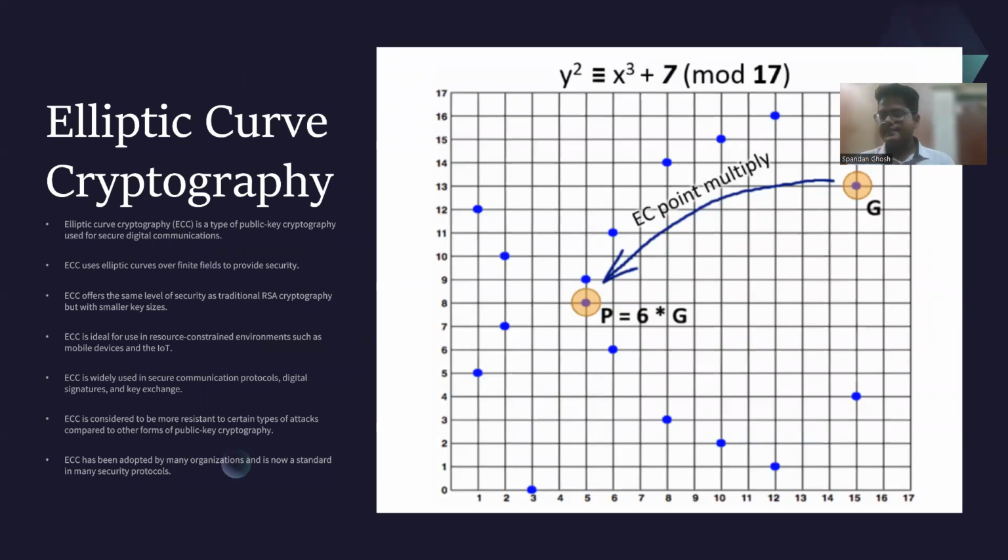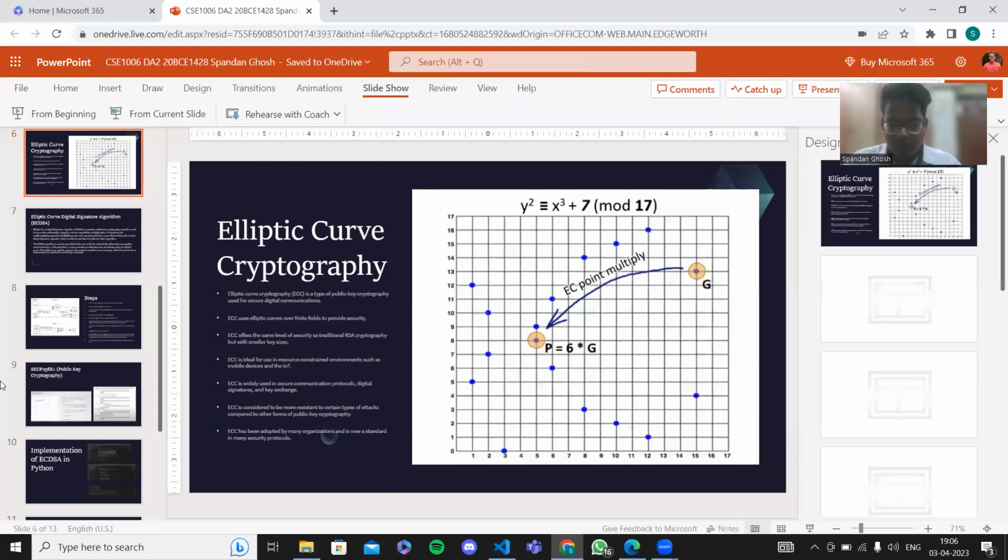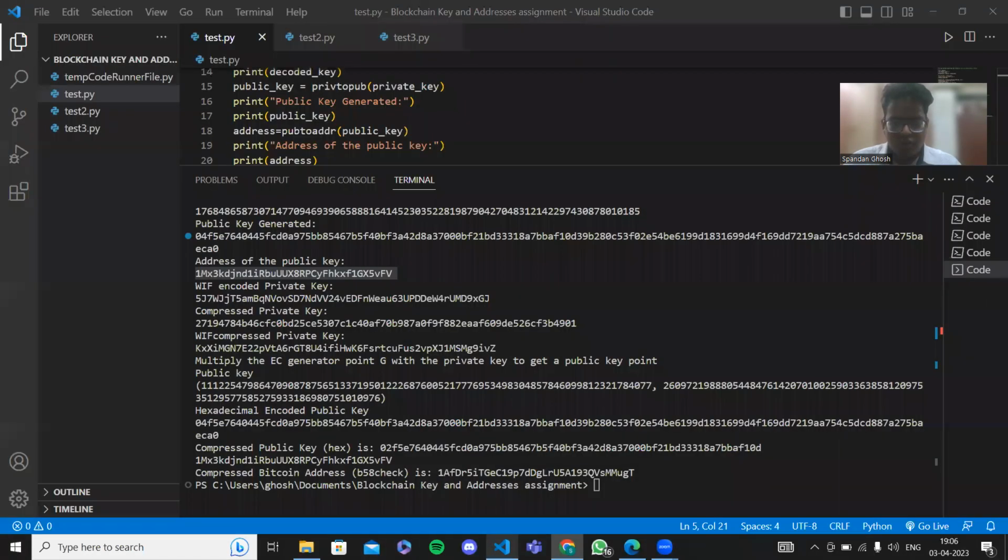ECC is an algorithm where if we multiply the EC generator point G by a certain integer k, which we take as the private key, then we can obtain an EC point P, which is the corresponding public key. As you can see in the code before, I'll go back to the code.